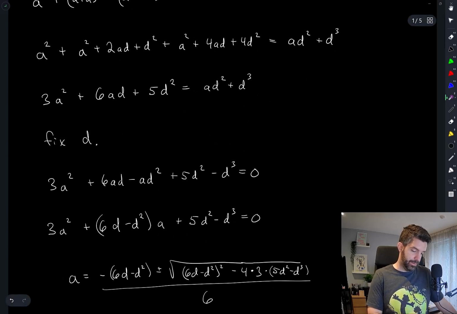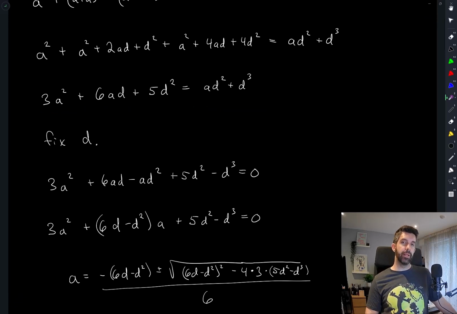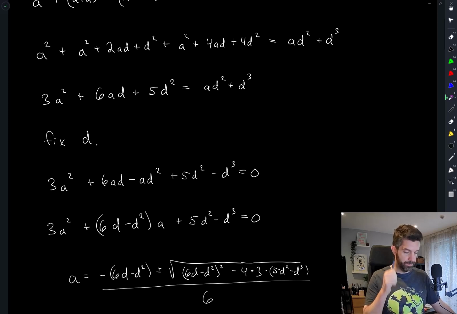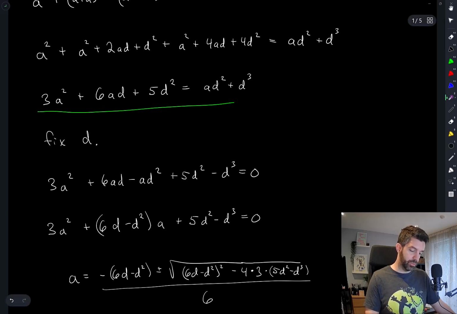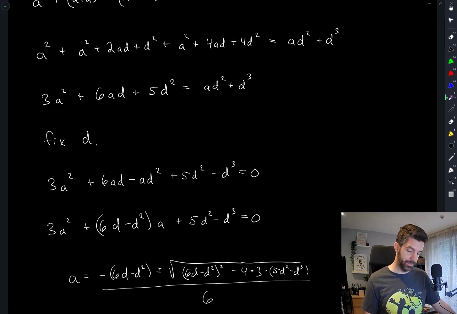And then again, looking at this, I was on the verge of trying some guess and check, just try to guess some values of a and d that would satisfy this equation, and maybe you start to see what possible values are allowable. But I'm happy that I sort of just said to myself, wait a minute, this is a quadratic expression in a, so let's fix a value of d and solve for a and see if there's something we can come out with.